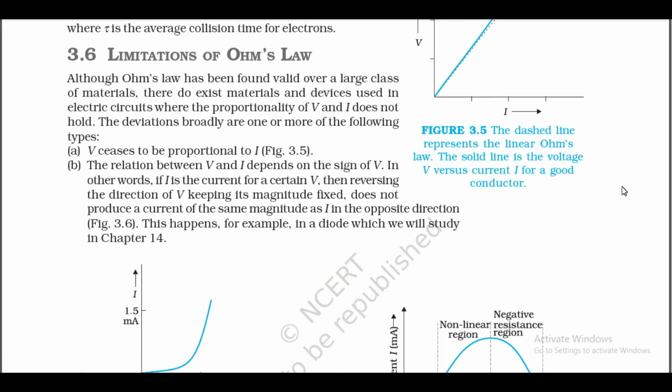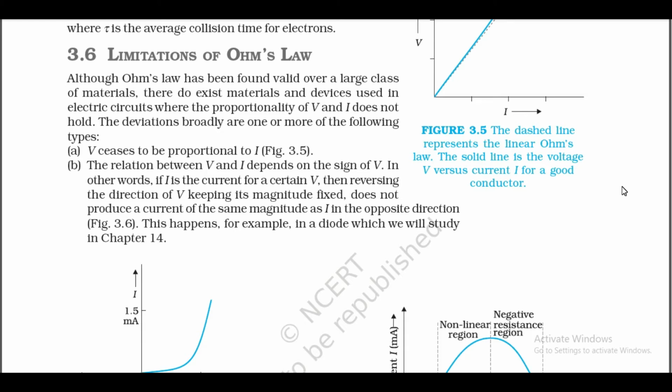A. V ceases to be proportional to I. B. The relation between V and I depends on the sign of V. In other words, if I is the current for a certain V, then reversing the direction of V keeping its magnitude fixed does not produce a current of the same magnitude as I in the opposite direction.